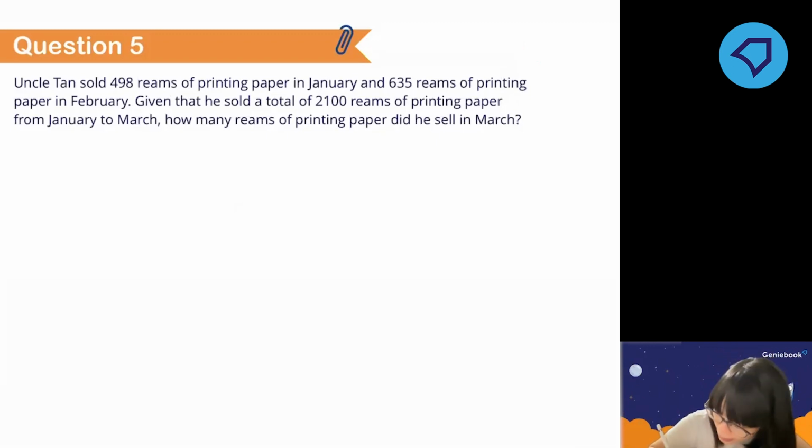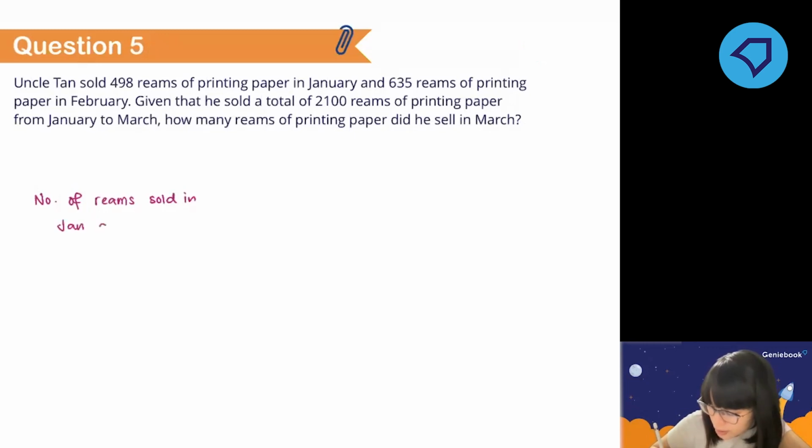So I'm going to write number of reams sold in, let me do the short form, okay? Jan and Feb. So we have to add them together. In January, he sold 498. In February, he sold 635.